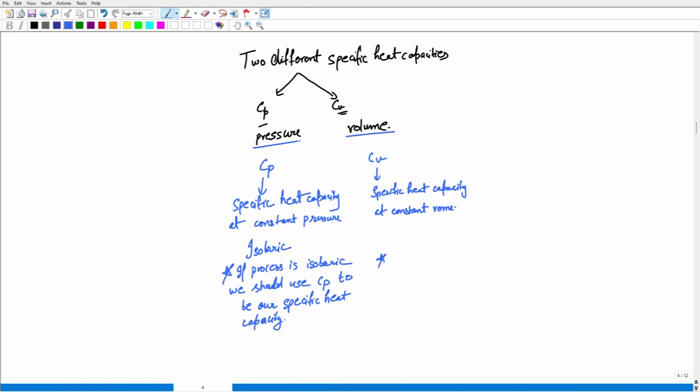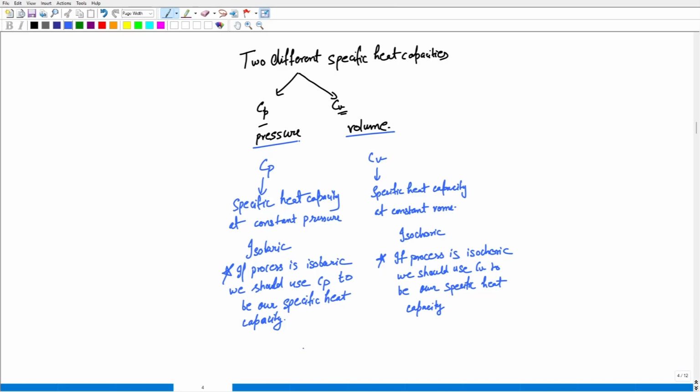And if the process is at constant volume, that is isochoric, we should use Cv as our specific heat capacity.